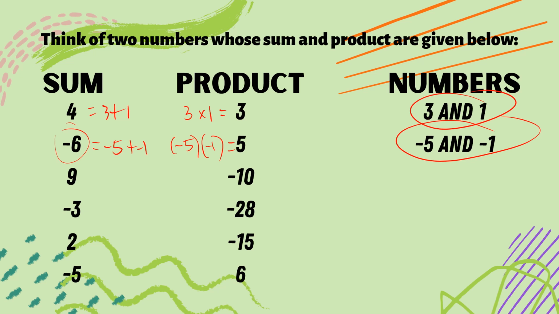Okay? So, that means it is possible that the integers are positive 10 plus negative 1. Tama? Because positive 10, you add negative 1, that means you subtract 1 from positive 10 because 10 is higher than 1. And then copy the sign of the greater value, which is 10. So the answer is positive 9.